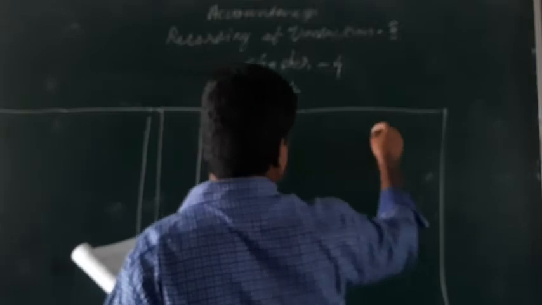Here we are going to make the double column cash book. Here we get the cash book contents: date, receipts, LF, cash.